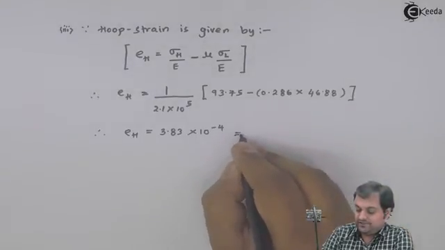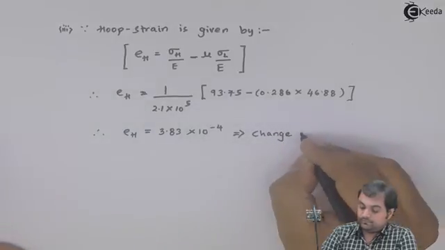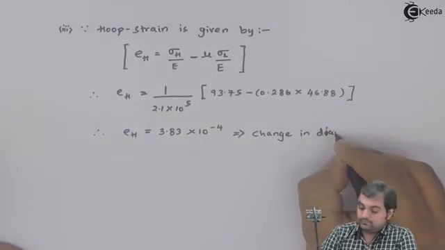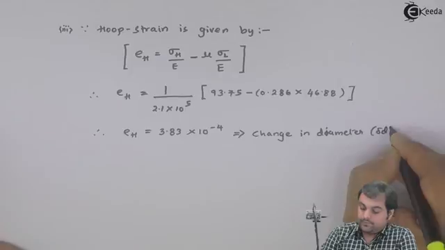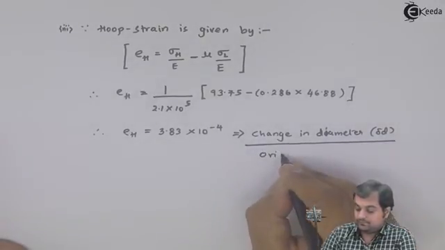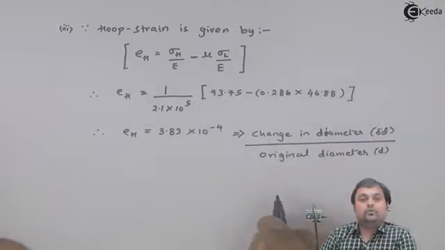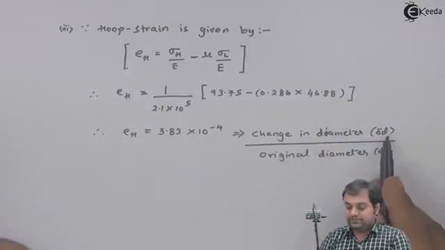and this hoop strain can also be written in the form of diameter, that is, it is equal to the change in diameter upon original diameter. So here the question is to calculate the change in diameter.